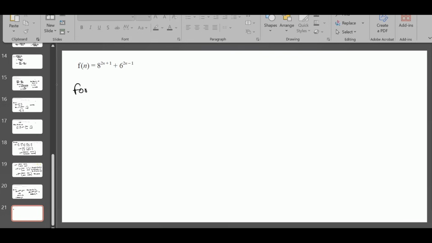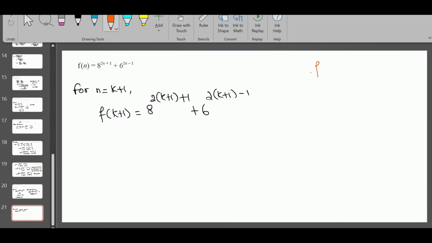Now, for n is equal to k plus 1, f of k plus 1 is equal to 8 to the power 2 times k plus 1 plus 1, plus 6 to the power 2 times k plus 1 minus 1. We know f of k is 8 power 2k plus 1, plus 6 power 2k minus 1, right?